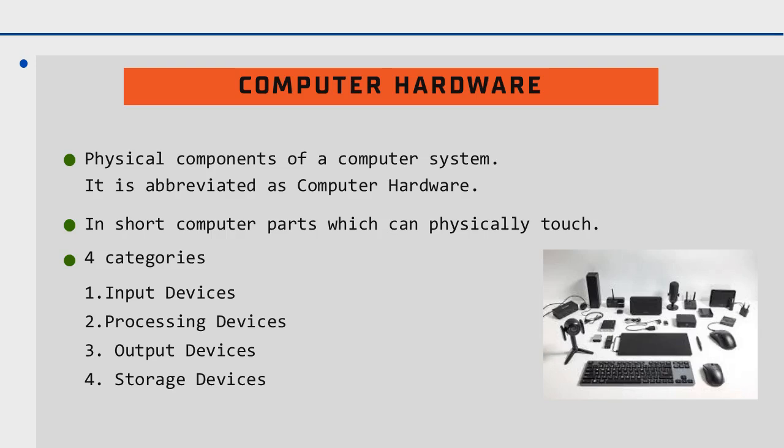Input devices, which are used to give instructions to the computer. Processing devices, which do the actual work inside the computer. Output devices, which show us the result. And storage devices, which are used to save information for later use.